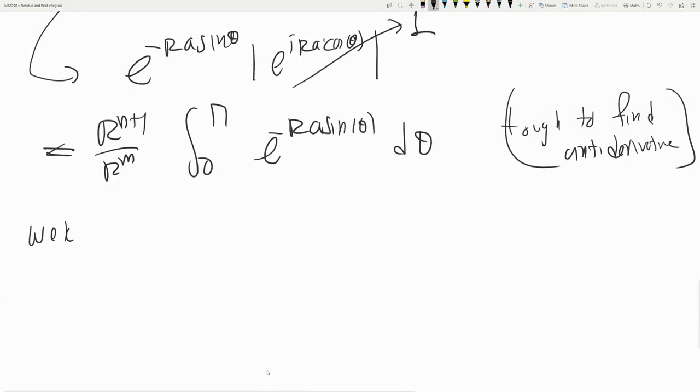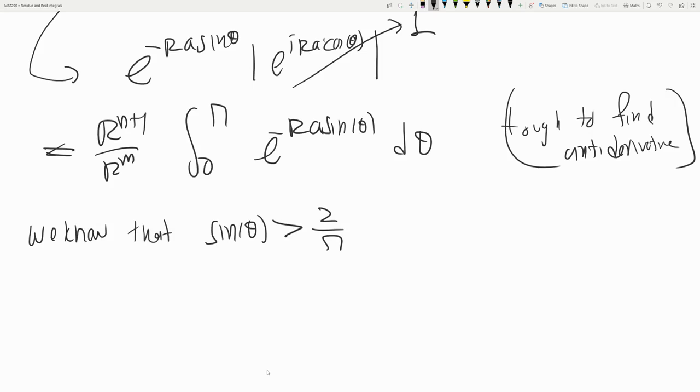Let me write the estimate. We know that sine theta is bigger than 2 over pi theta when theta is in 0 to pi over 2.